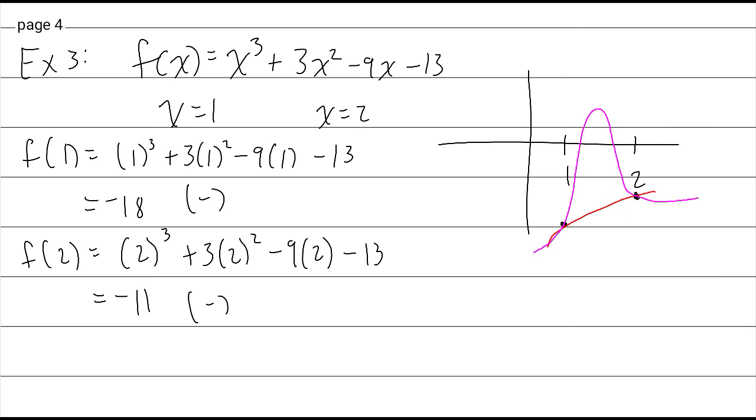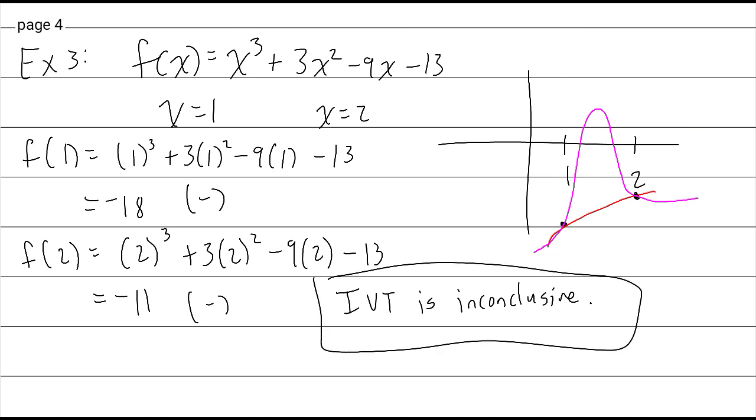I can't tell, right? I don't know which one of those 2 shapes accurately reflects the actual graph here. So I would just say that the intermediate value theorem is inconclusive. Or we can't make that determination. We can't tell by that information.